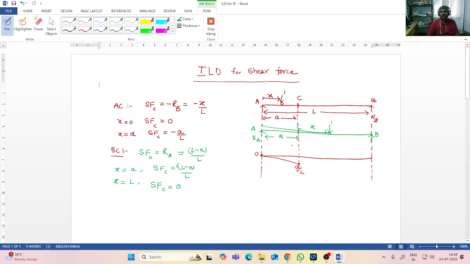So now if you plot those values, this is the value here, and it will reach 0.